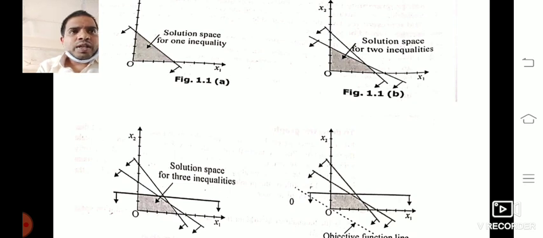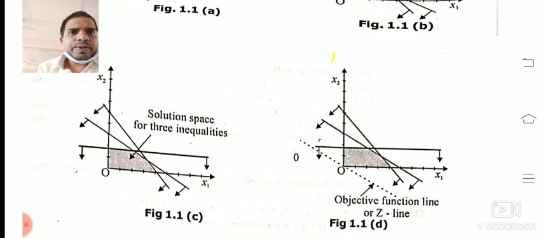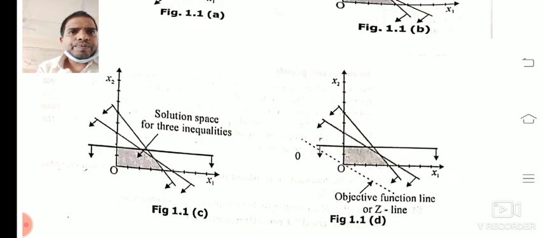If you need to choose a space to satisfy two constraints, they have chosen it like this in 1.1b. The space is towards the origin, and the shaded part is the feasible solution space. Now 1.1c is for three constraints, and 1.1d also has three constraints. Then comes the Z equation line.